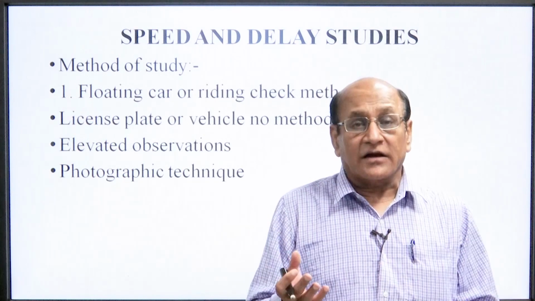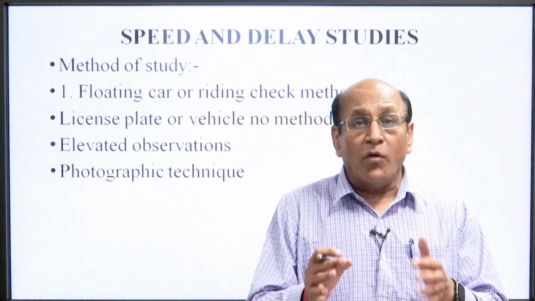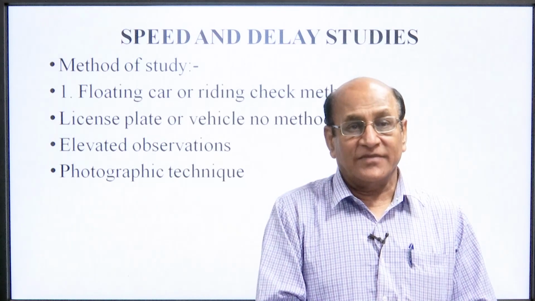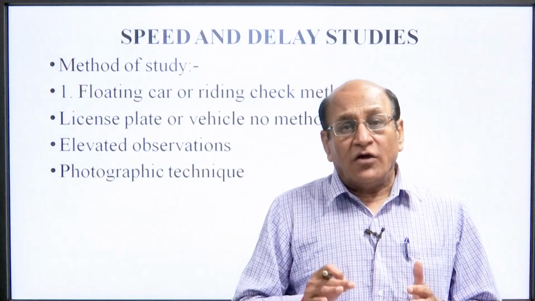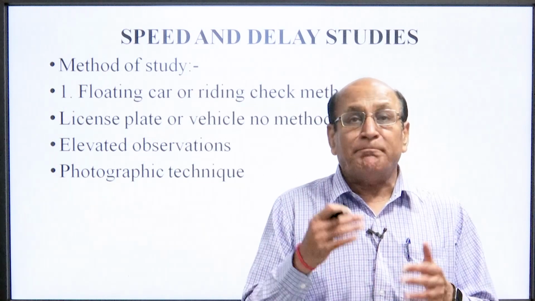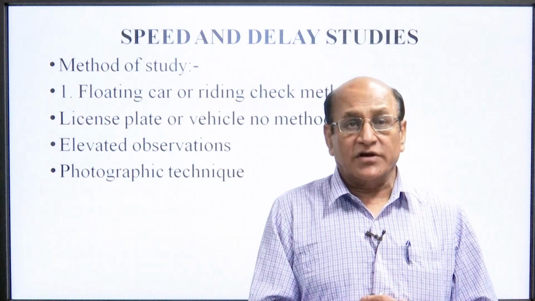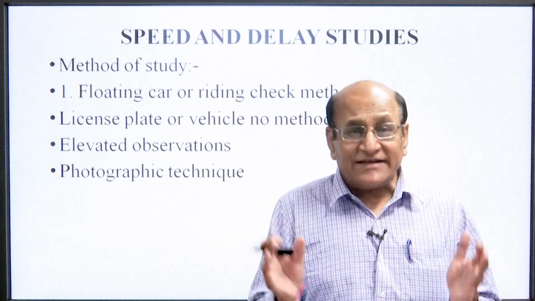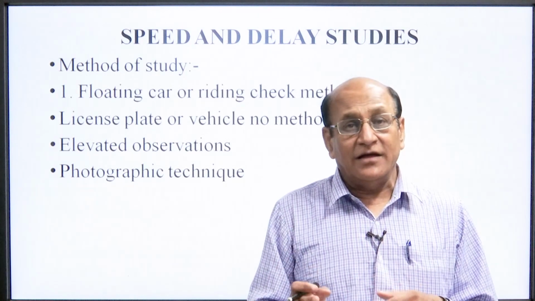In the next car, one person is sitting to just record the movement of vehicles coming from the other side. So, we can use many cars for a particular type of information and that could be recorded. After collection of all this data, we can calculate the speed and delay.